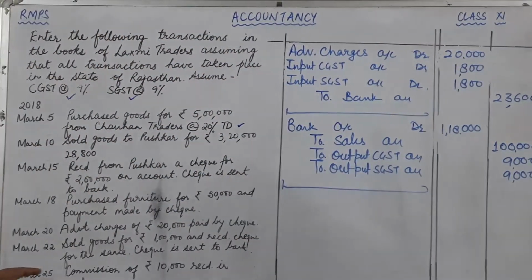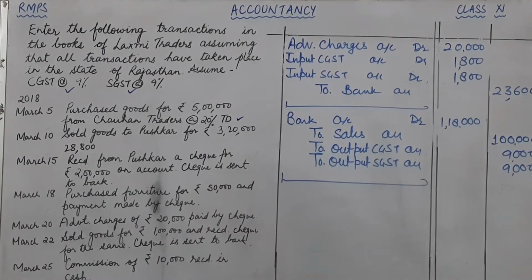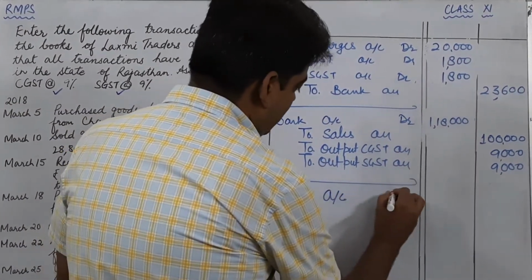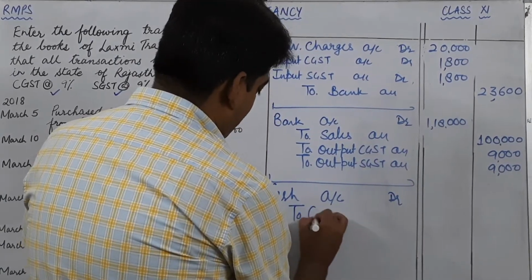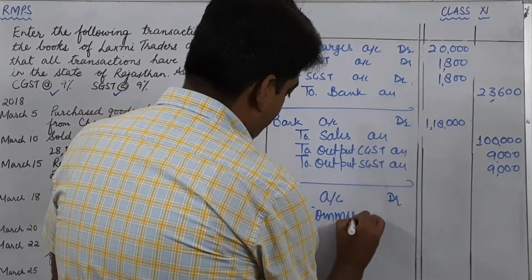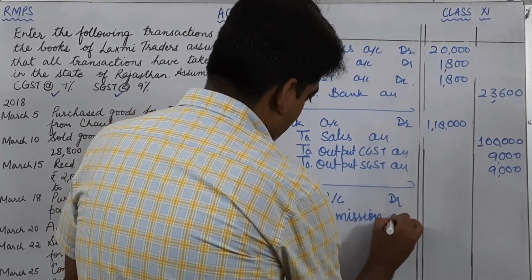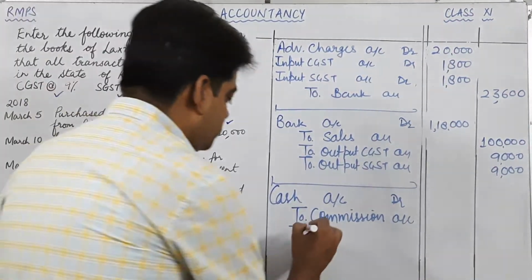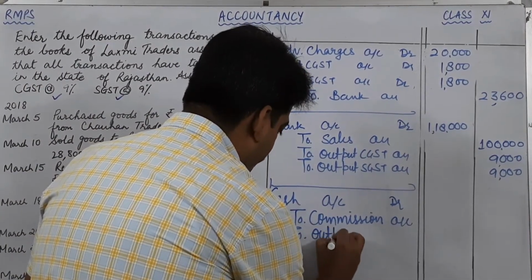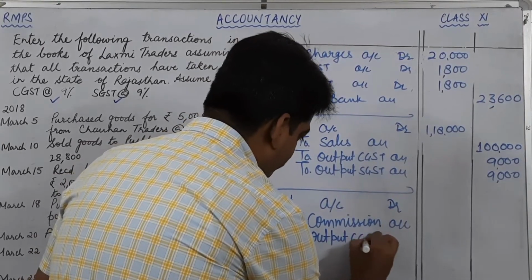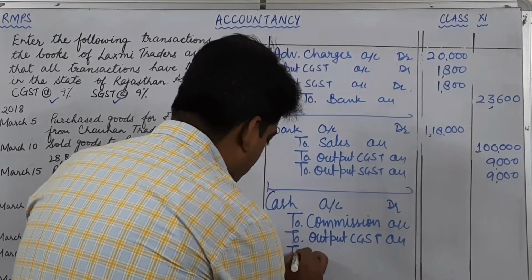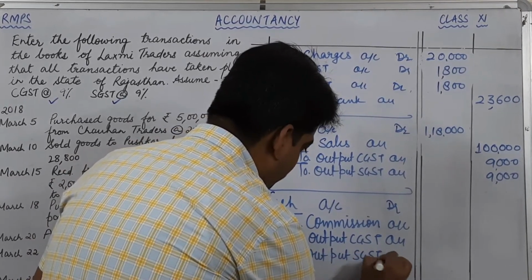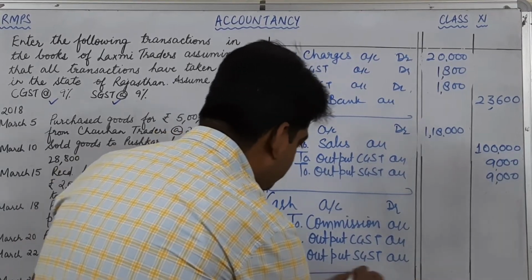Okay. Now see next, commission of rupees 10,000 received in cash. So this is your income. What comes in will be debited, that is why cash account will be debited, and to commission account, this is our income, and again we have to credit output CGST and to output SGST account.